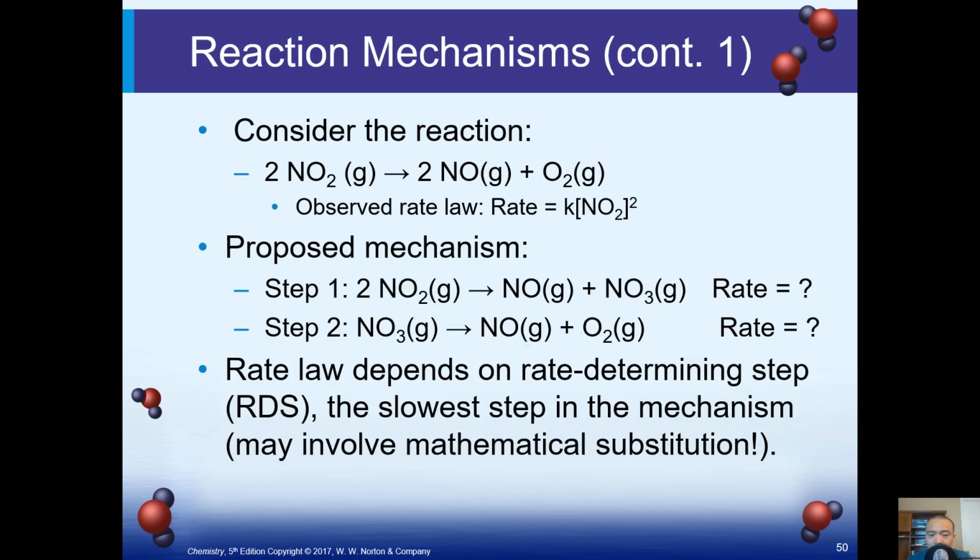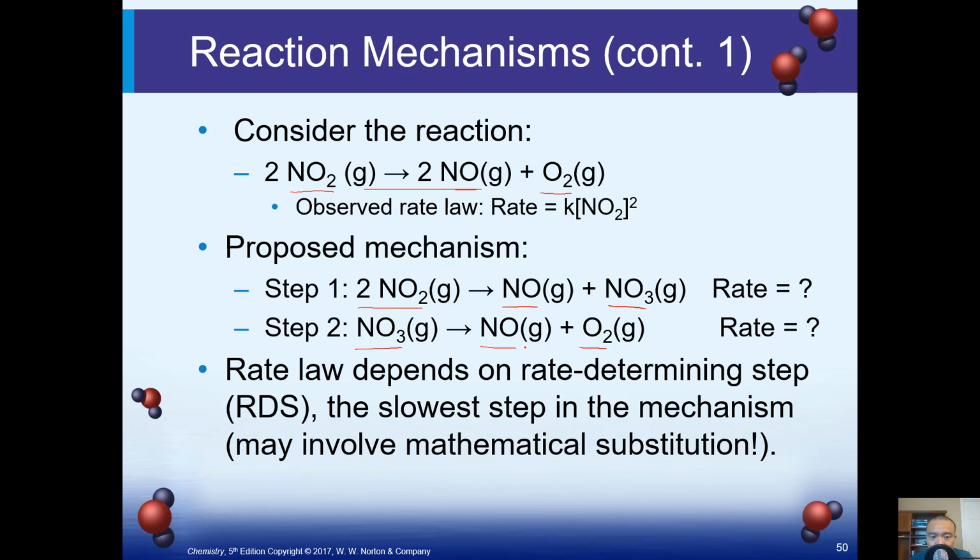Consider the decomposition reaction of nitrogen dioxide to nitrogen monoxide and oxygen. We may propose this reaction takes place in two separate steps. Step 1: two molecules of NO2 react to produce NO and NO3. Step 2: the NO3 molecule decomposes to NO and O2. There are several things to note about this mechanism.